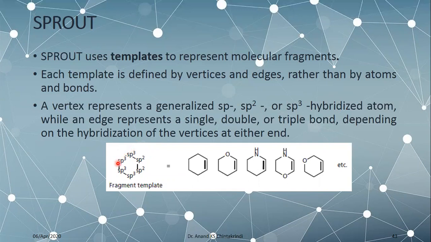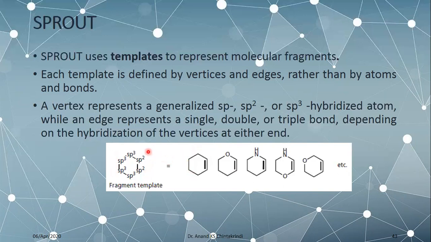So consider an example here. You have a six-membered ring type of structure, wherein these are sp3 hybridized and these two vertices are sp2 hybridized. So you can have all these combinations of molecular fragments. This allows for one template. You can have n number of molecules which are possible. When it is searching for molecular fragments, it will first fit this into this.